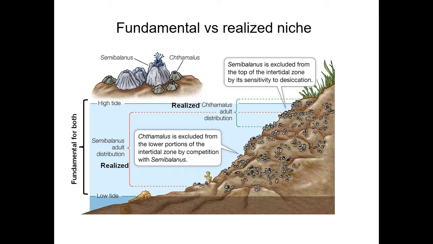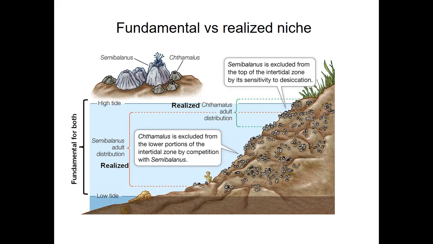If that second thing happens, competitive coexistence, they're going to divide up the niche space, and each species is going to use different parts of the fundamental niche. What they'll actually end up using is what we call the realized niche.